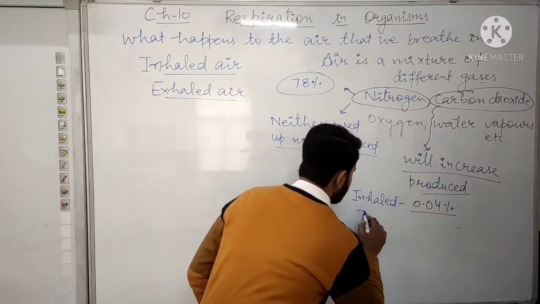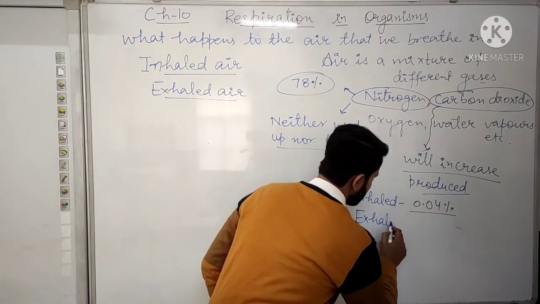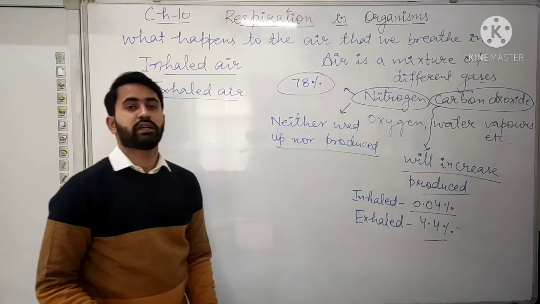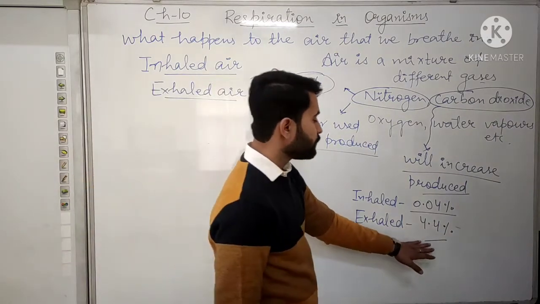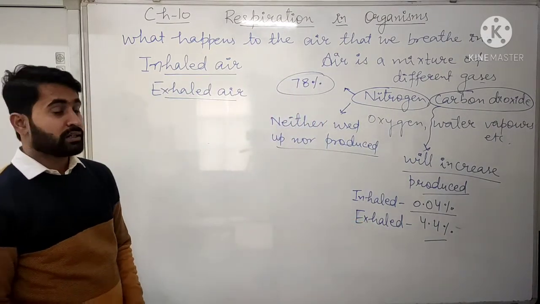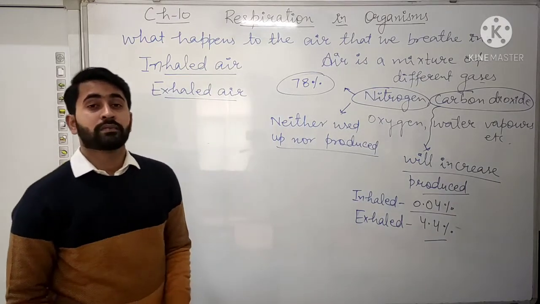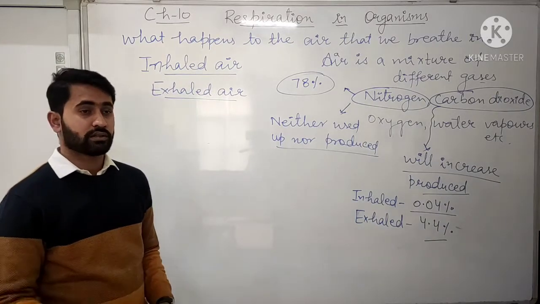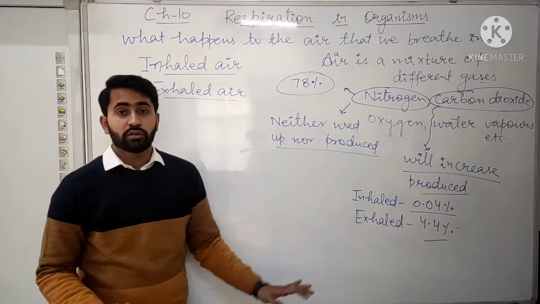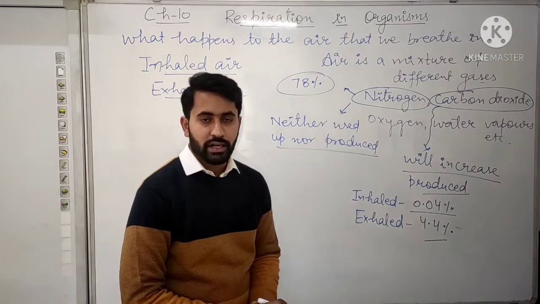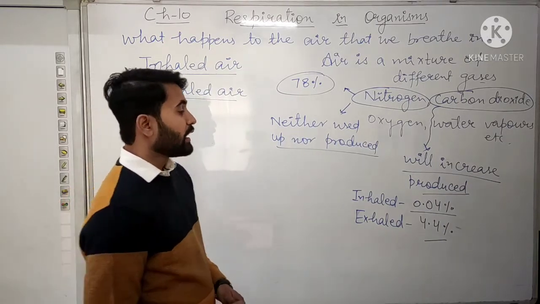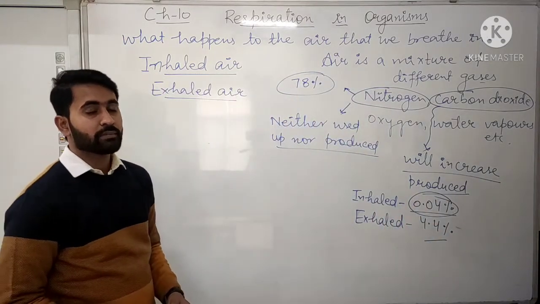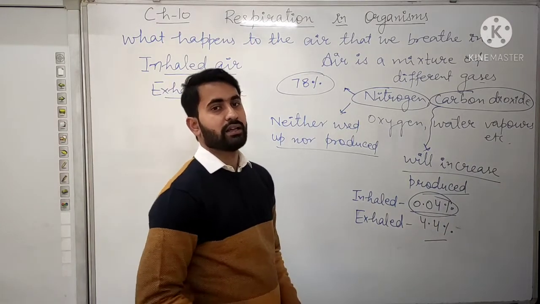So the exhaled air contains 4.4% of carbon dioxide. It is approximately 100 times the inhaled carbon dioxide. It means the amount of carbon dioxide in the exhaled air is approximately 100 times more than the carbon dioxide present in the inhaled air.